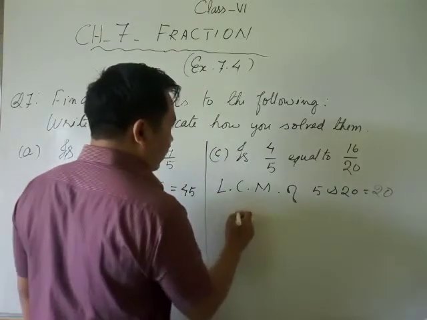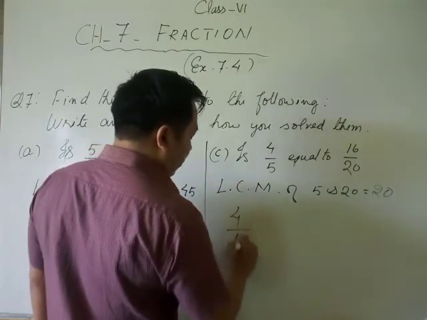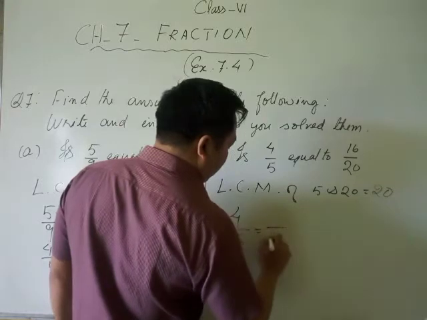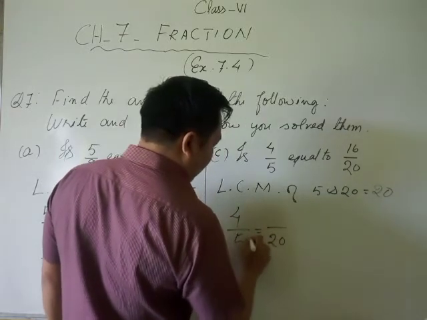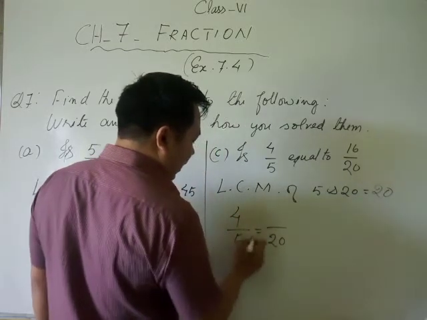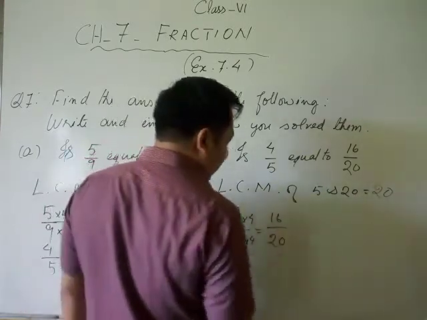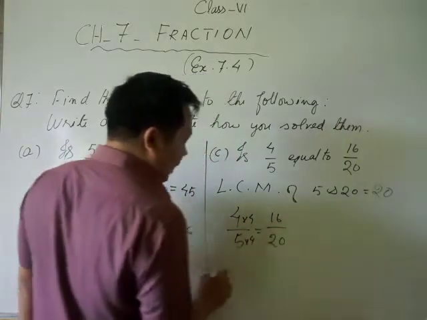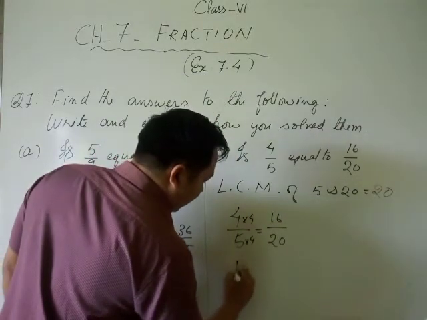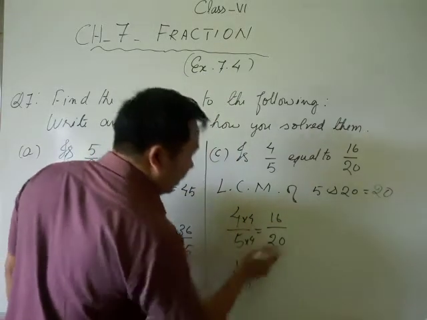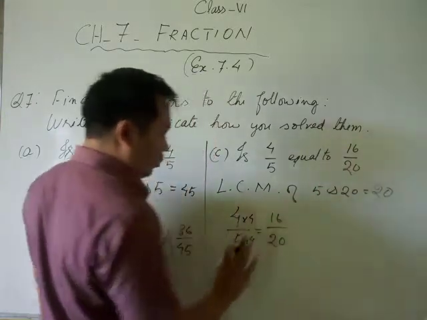Then the first one, 4 by 5, we convert into a fraction having 20 as denominator. 5 times 4 is 20, so we multiply the 4 by 4 as well, which gives 16. So the first one is 16 by 20. The second one is already 16 by 20, so no need to convert anything.